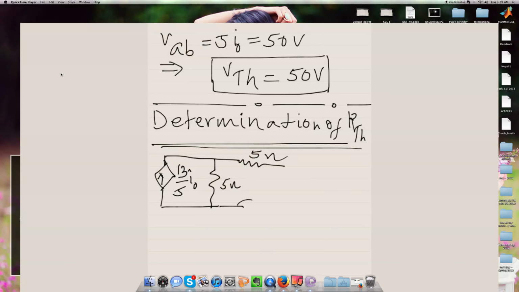We have the 20 volt source, plus, wait a minute, this gets a little messy here. So we have plus here and minus here, 20 volt. And we have a resistor 5 ohm here. And this was our A and B open-ended.